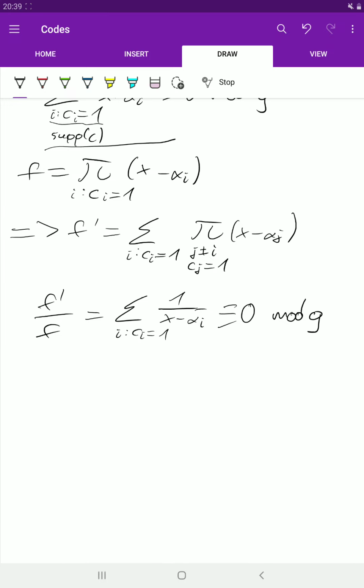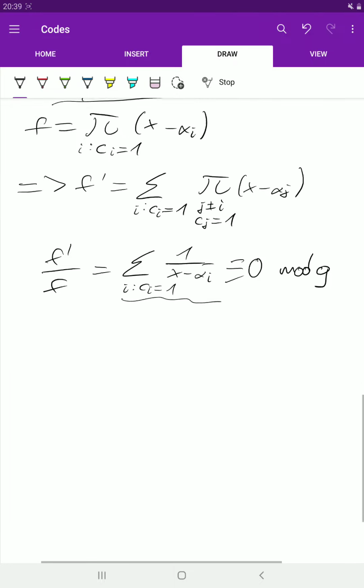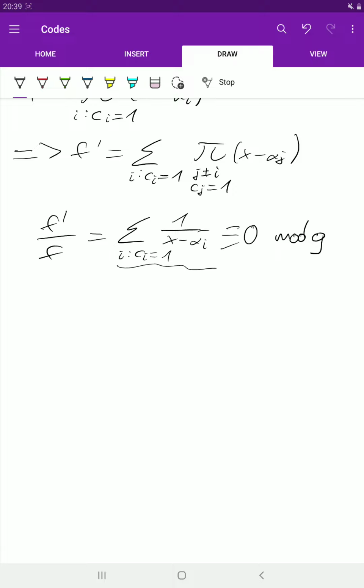Okay, so that's good so far, because that means we can express this term here in terms of these polynomials f prime and f. And now we can use properties of polynomials. So the first property we use is that the greatest common divisor of f and g is equal to 1.